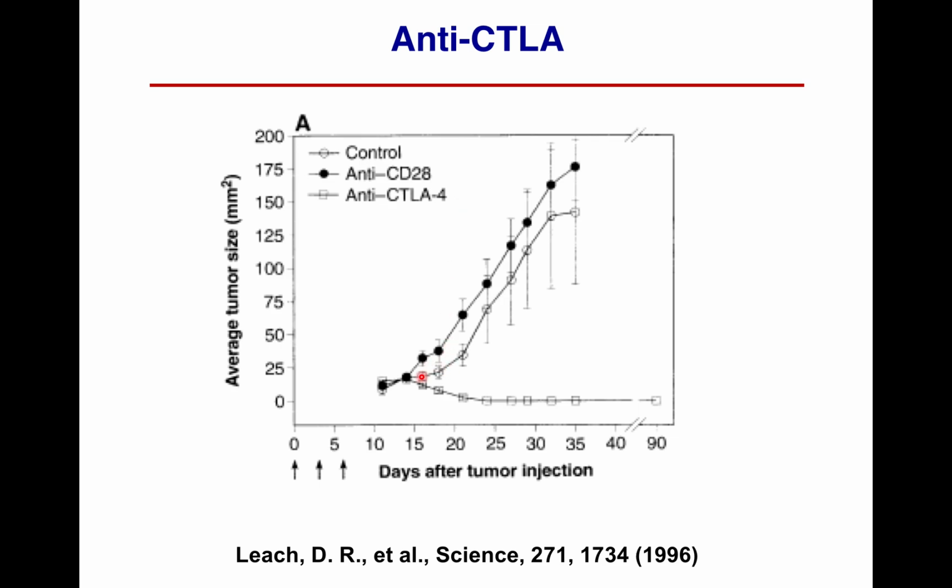What he found is that with the control, the tumors grew quite well. Of course, anti-CD28 would block activation, so the tumors would grow well. But if he gave anti-CTLA4, the tumor growth stopped, and it went down to basically zero. Essentially, the T cells of the animal could get rid of that tumor.